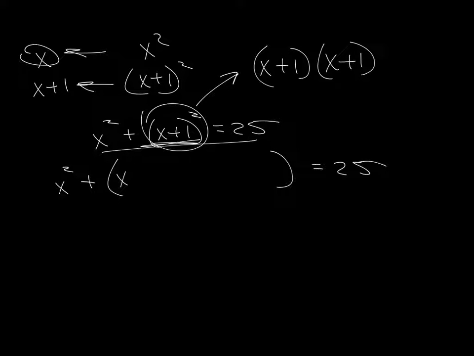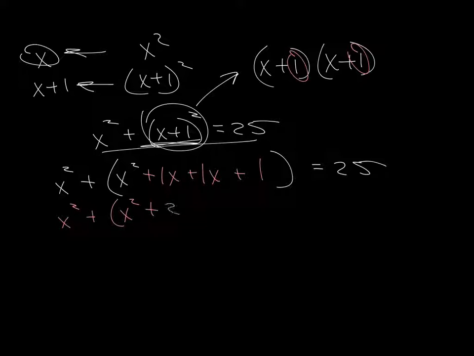So the first number squared is x squared. And then we do the outside, and we get 1x, and then we do the inside, which again is 1x, and then we do the last, 1 times 1. Okay, so what we have in the parentheses there is x squared plus 2x plus 1 equals 25.